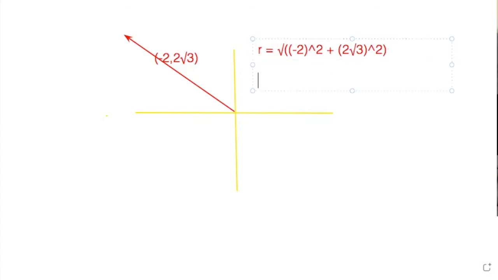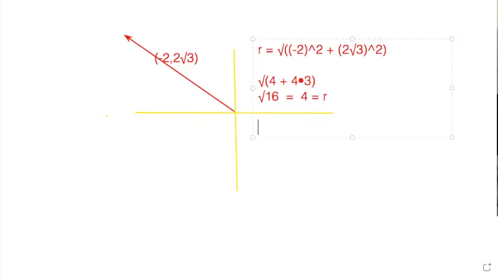I would do that arithmetic and say that this is the square root of 4 plus 4 times 3, which is the square root of 16, which is equal to 4. Okay, so I know that r is 4.